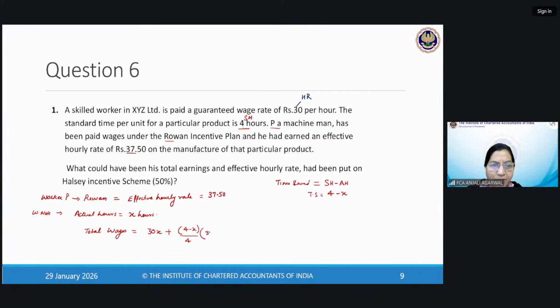This will be applicable to 30X. This becomes his total wages. And from total wages, if I want to calculate the effective hourly wages, I'll divide the entire equation by X. So this is the total wages, 30X plus (4 minus X) by 4 multiplied by 30X. When the total wages are divided by X hours, you get the effective hourly wage rate. And that is mentioned in the question as 37.50.